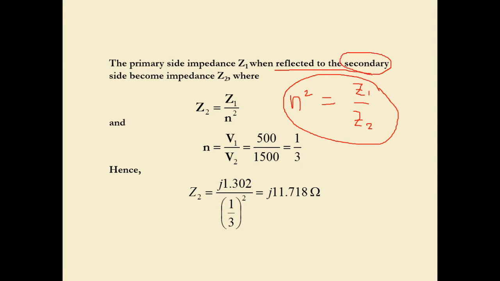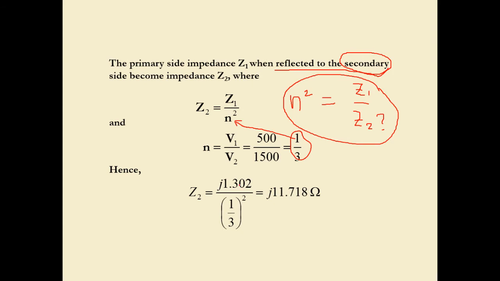So we can calculate from this relationship to find the value of Z2. Again, as I have explained before, n equals V1 over V2, so the ratio 1 to 3, 1 over 3. This is the value of n over here.